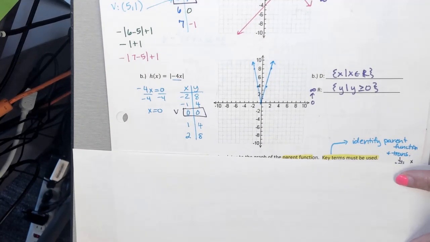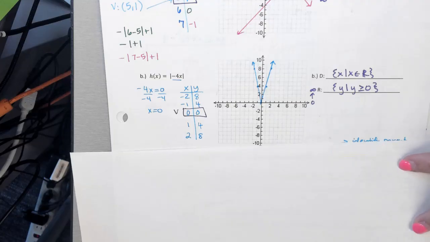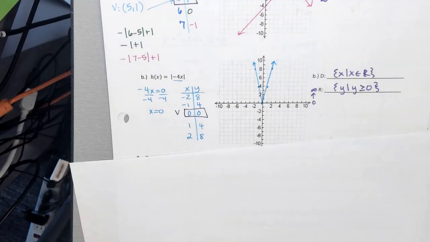And then for B, again, you can take what's inside and then you can set that equal to 0 and solve. Okay, you can also see what your h and k are, which in this case, there's nothing added or subtracted to the x or to the outside, which means it's 0, 0. And then once you find the center, we're just going 2 to the right, 2 to the left, and we're plugging those back in.